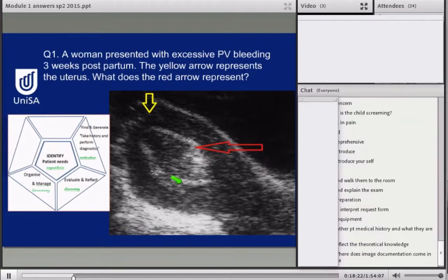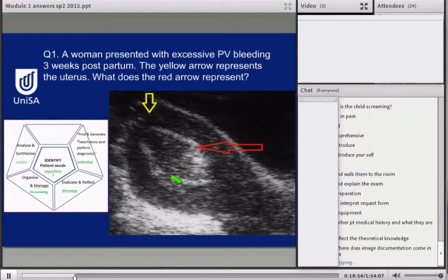Image documentation, I would think, will come in organize and manage, Lakshmi. It will come in here because you're pretty much managing your data here. But it could also be that you're evaluating the images as well. So there will be some overlap, but these are all the aspects of the whole research rubric.